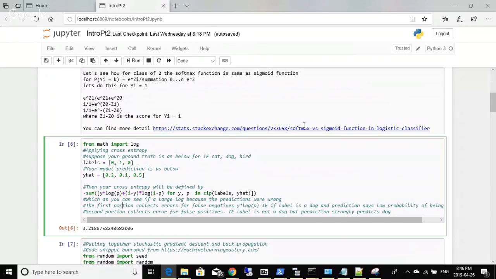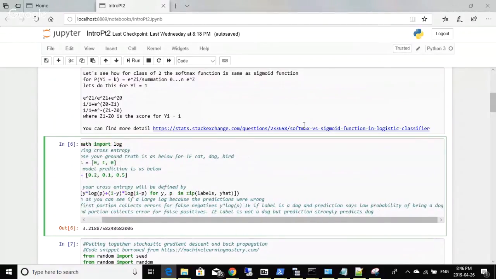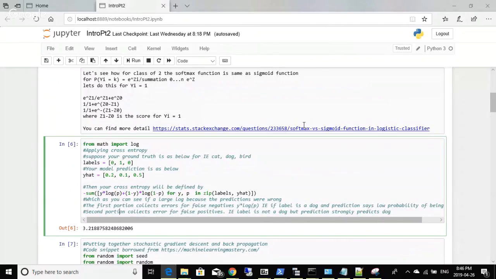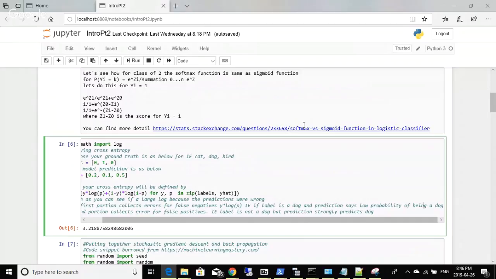So if you're supposed to predict a 1 for the class, so the label is a dog, and the prediction says there was a very low probability of the data being a dog. It predicts it's not a dog, then this will be a very high error, because the prediction will be a very low value, and the log of a very small value will be quite large.